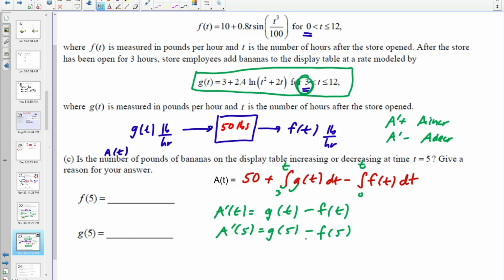So what I need to do is find what g(5) is, find what f(5) is. Remember that I made this one Y2 and this one Y1. So this will be Y1 at 5 minus Y2 at 5. Put that into your calculator.